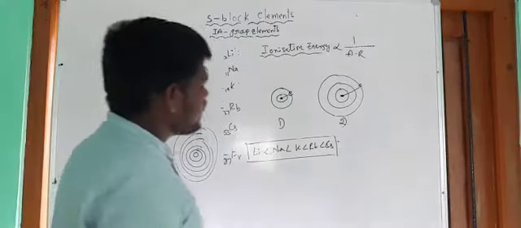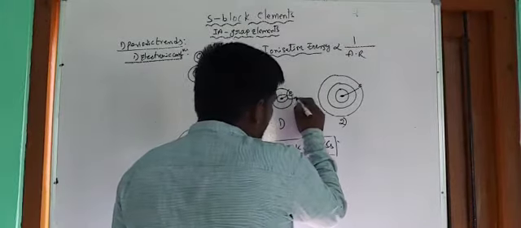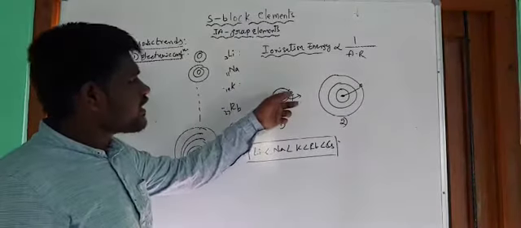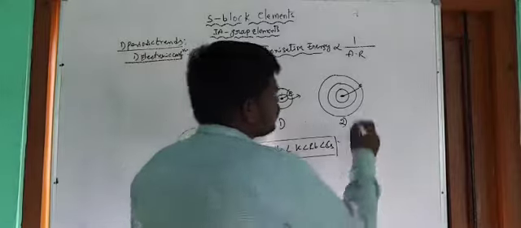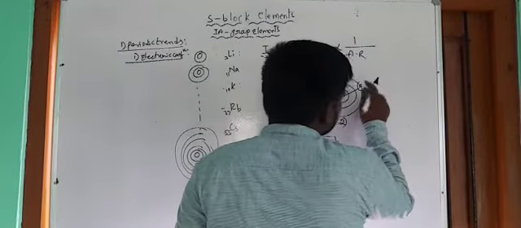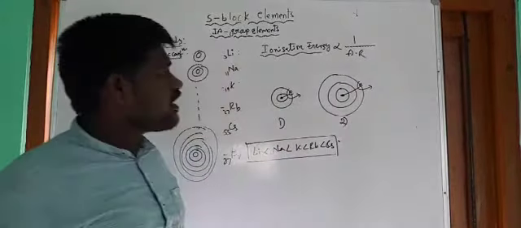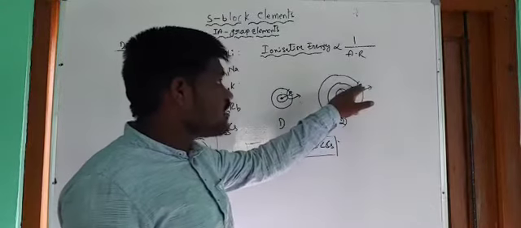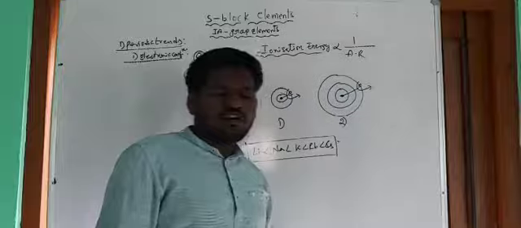To remove the strongly attracted electron we need to use maximum energy. But here the electron is poorly attracted due to the large distance, so by using a minimum amount of energy we can easily remove it.